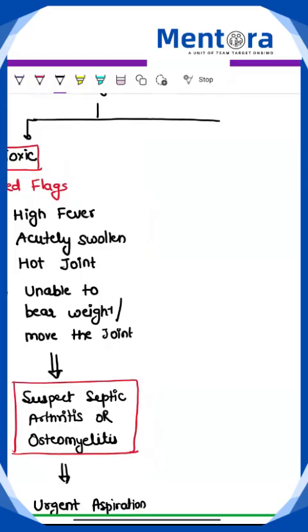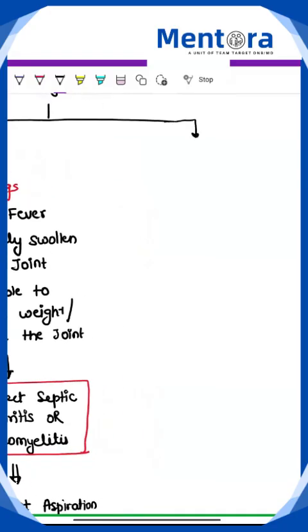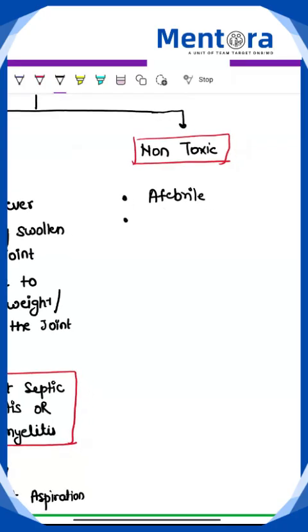That was if the child was toxic looking or sick looking. But if child is non-toxic, non-sick, that means child doesn't have fever, child is afebrile, the pain was chronic, and child can move limbs slightly.